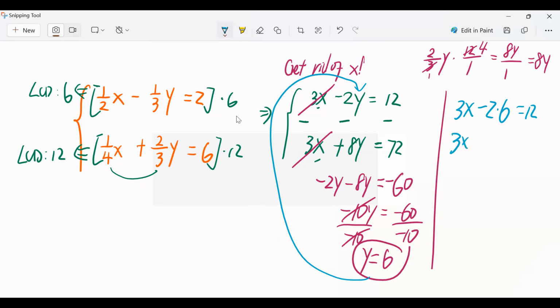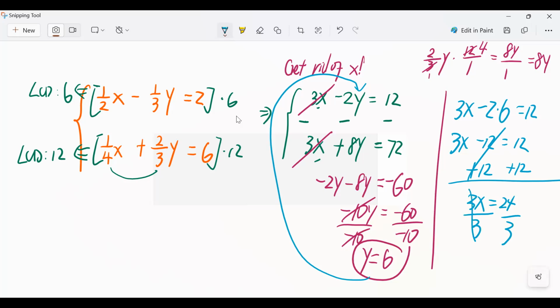So 3x minus 12 equal to 12. We add 12 to both sides, so 3x equals 24. Then divide both sides by 3, and x equals 8. So x is 8, y is 6. Any question about this?